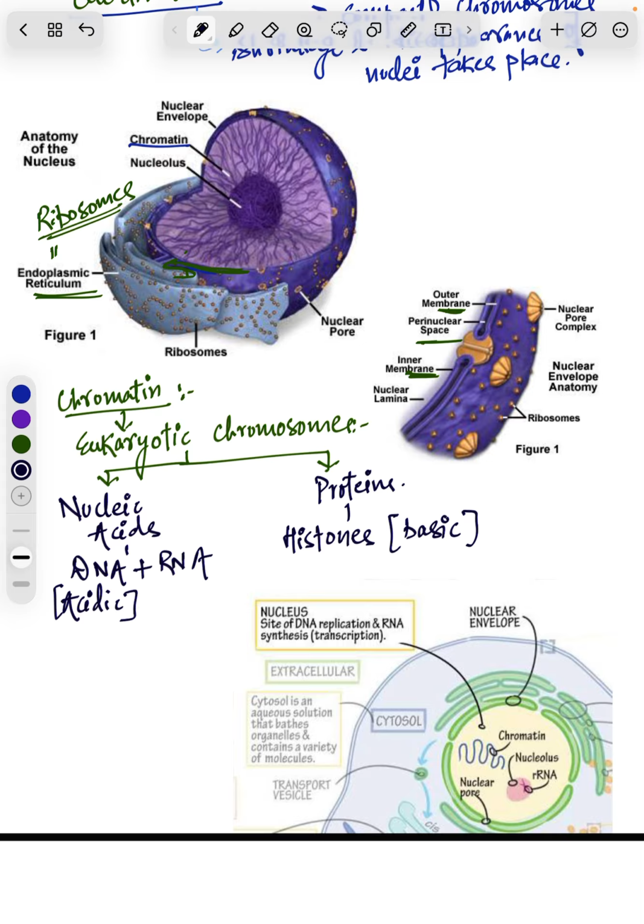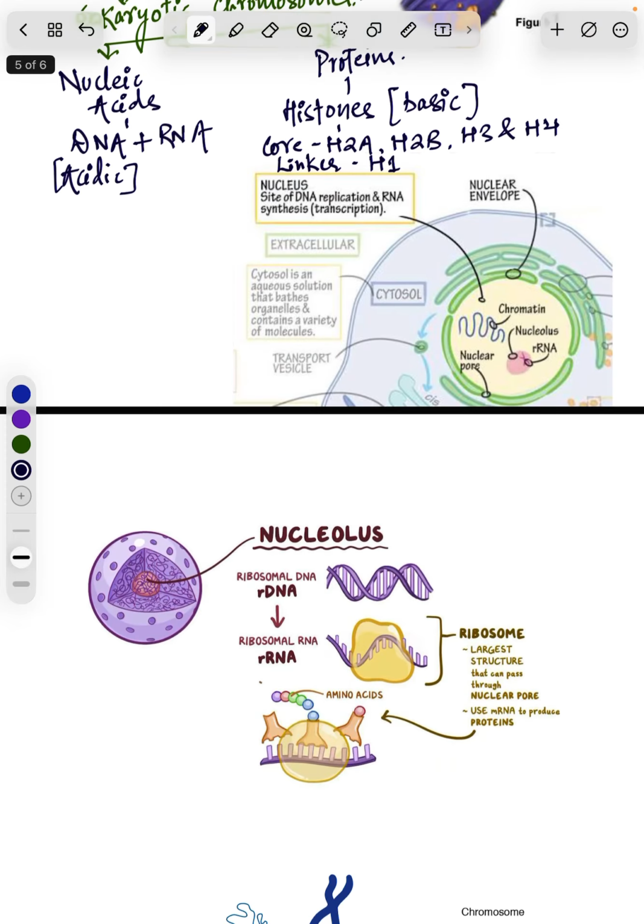So the core histone proteins that we will see in chromatin are H2A, H2B, H3 and H4, and a linker histone which is H1. Here you can see the nuclear envelope.